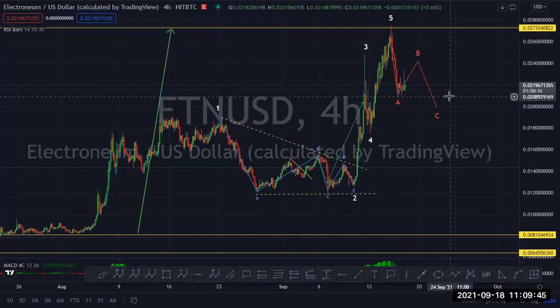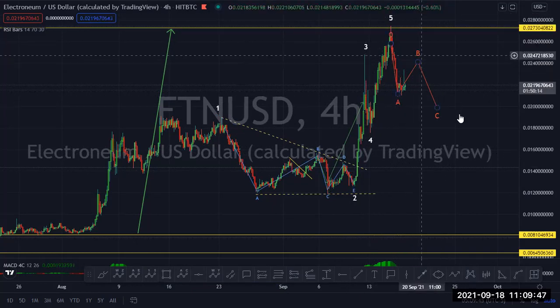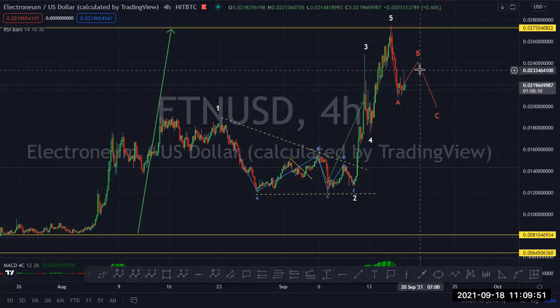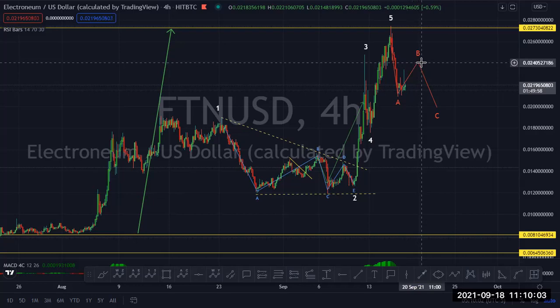Now we are looking at A, B, C. I assume that wave A is complete, so wave B is forming. I just place it here. The wave B can end below. The wave B might have ended here, but I don't want to presume. The wave C can still come up before it drops.